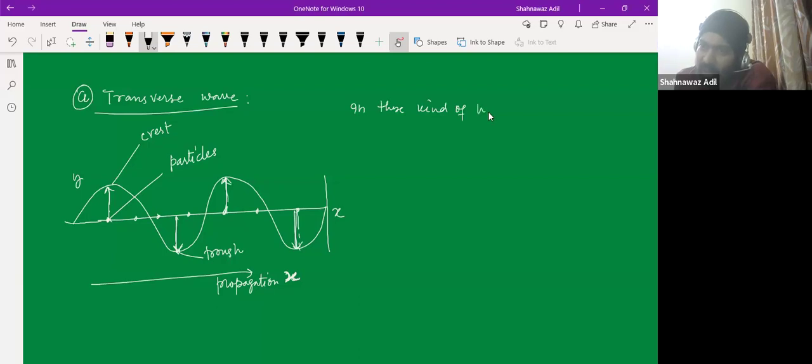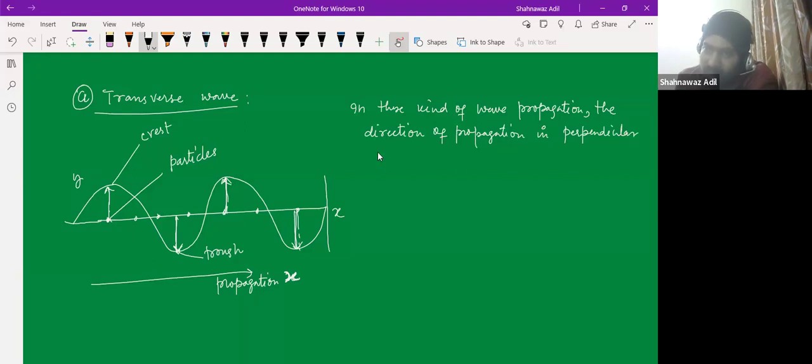So whenever in this kind of wave propagation, the direction of propagation is perpendicular to the displacement of the particle, right?